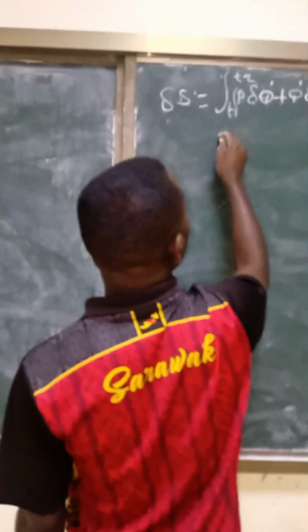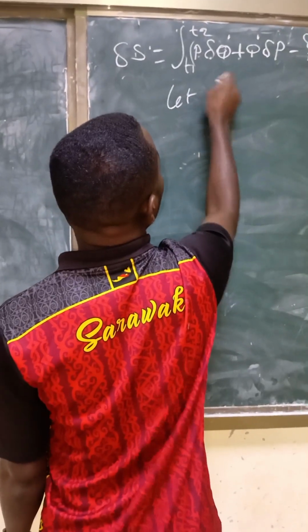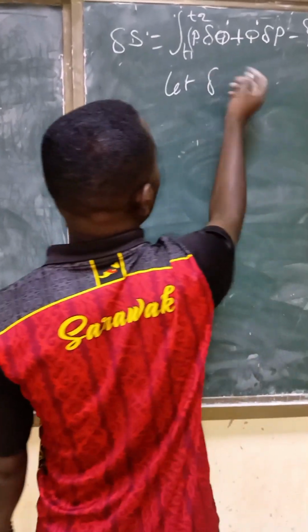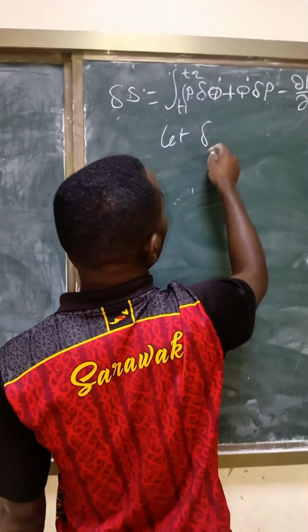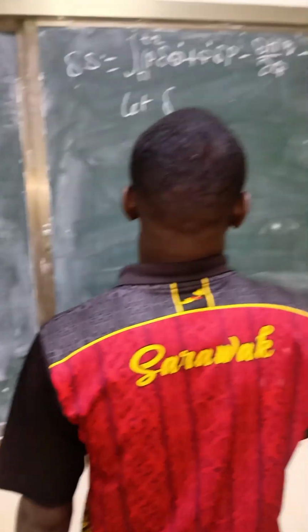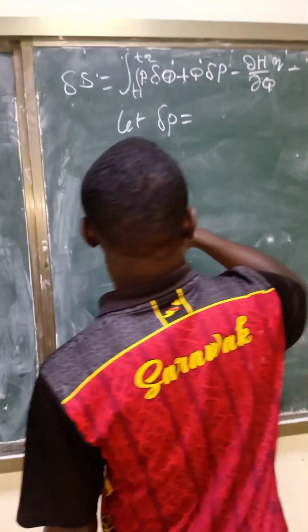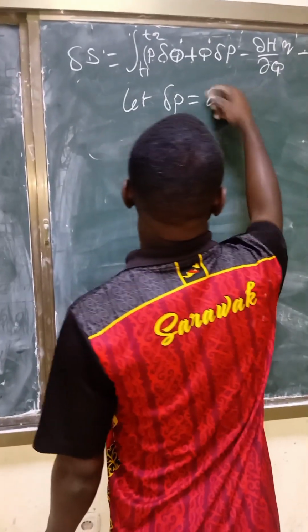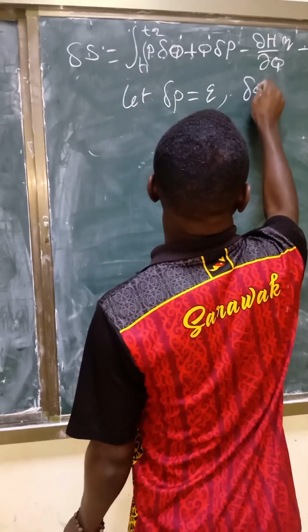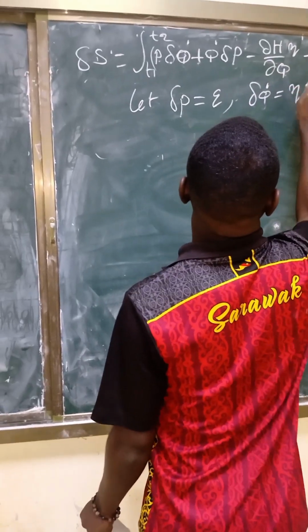Then let's consider the variation in p, let it be theta, and the variation in q be epsilon.